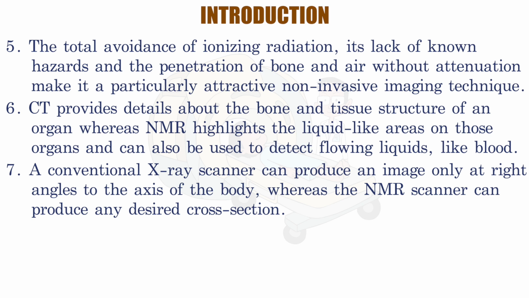A conventional X-ray scanner can produce an image only at right angles to the axis of the body, whereas the NMR scanner can produce any desired cross section, which offers a distinct advantage and is a big boon for the radiologist.